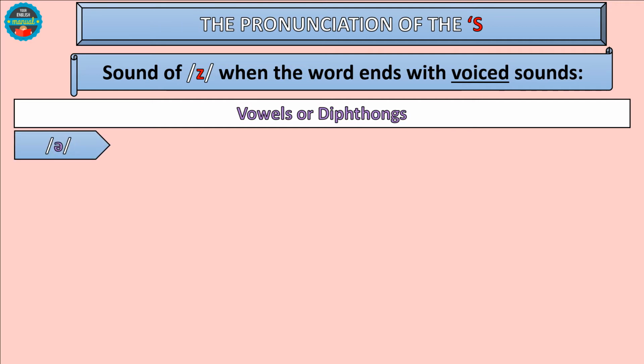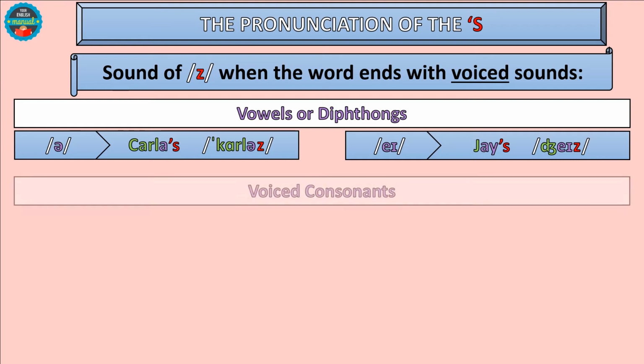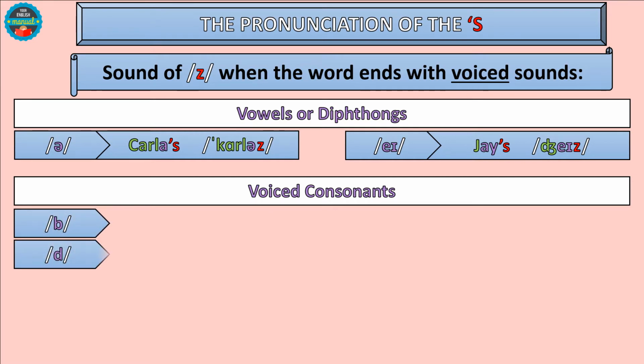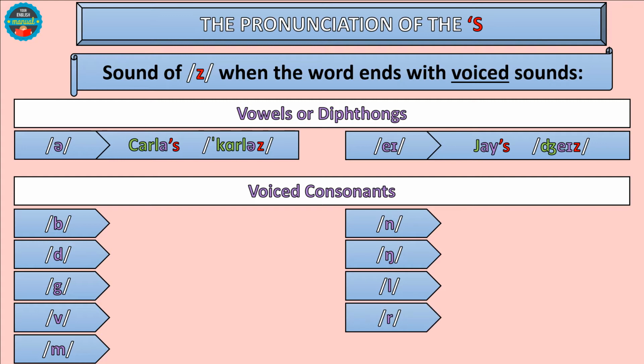For example, we have Carla, which becomes Carla's, and J, which becomes J's. But besides these sounds, we have the voiced consonant sounds. The voiced consonant sounds are B, D, G, V, M, N, ng, L, R, and th. Let's see an example for each sound.